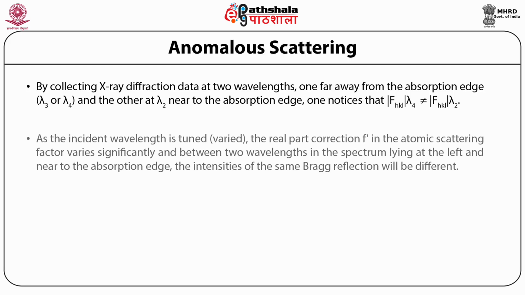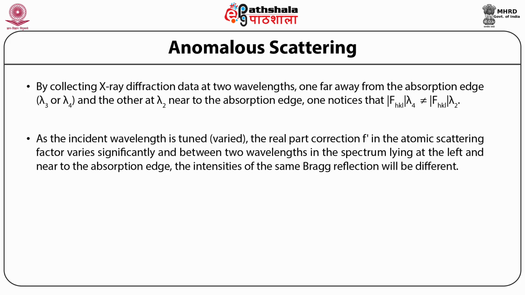Now, as the incident wavelength is tuned or varied, the real part correction f prime in the atomic scattering factor varies significantly, and between the two wavelengths in the spectrum lying at the left and near to the absorption edge, as we have just seen, the intensities of the same reflection HKL will be different between the wavelength lambda 2 near to the absorption edge and lambda 4, one of the remote.